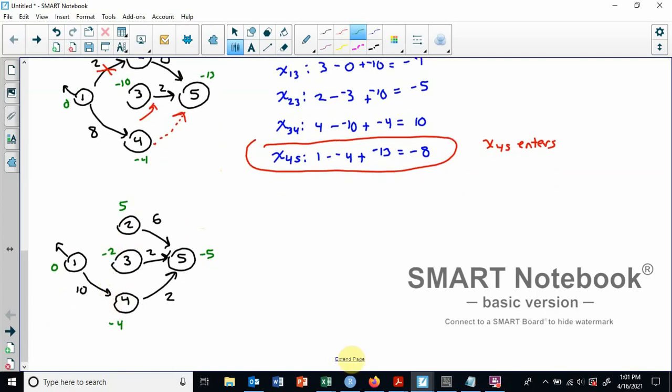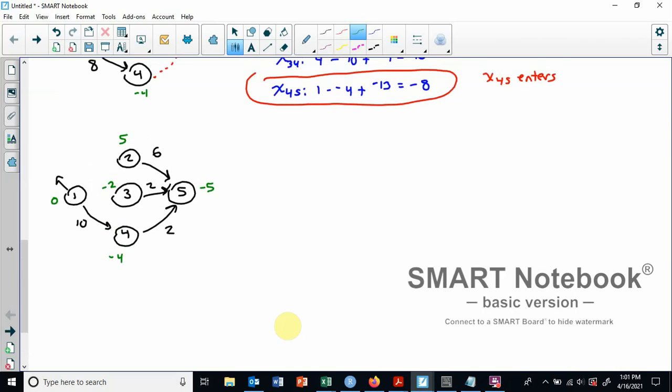So now, once again, we should check all the reduced costs to see if anybody is attractive to enter the basis. So I have x12 that could come in. I have x13 that could enter. I have x23 and x34. All the missing arcs are possibilities.